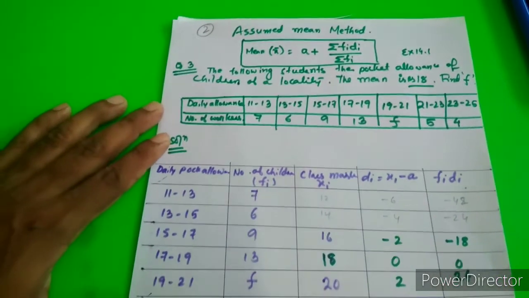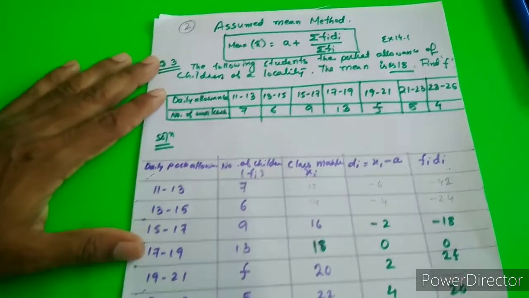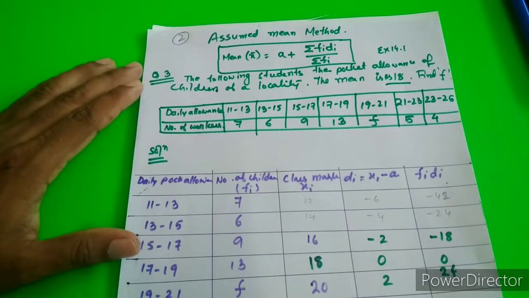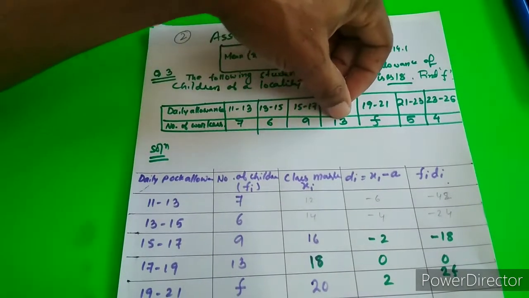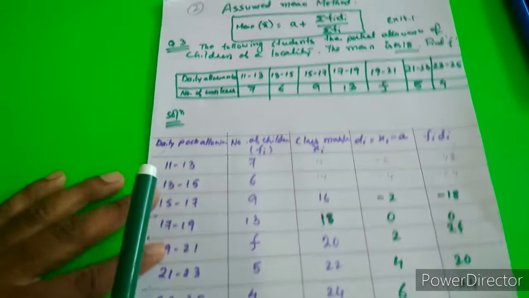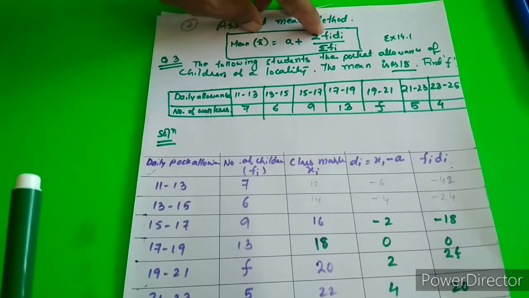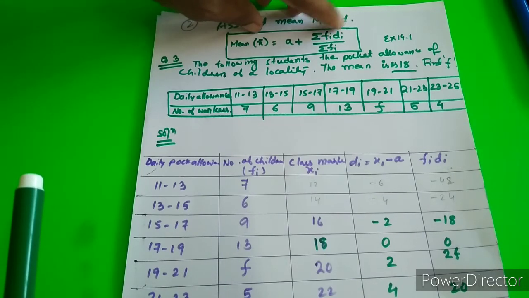That's the best way to calculate here. We are not using the direct method because the values are a little larger. 13 is there, 9 is there, so we are using the assume mean method. To solve this formula, we require di and fi di.